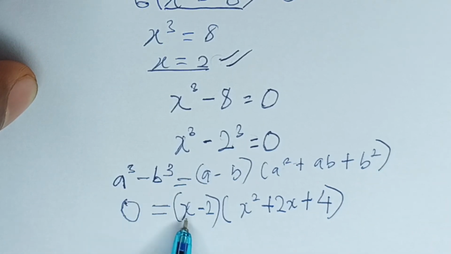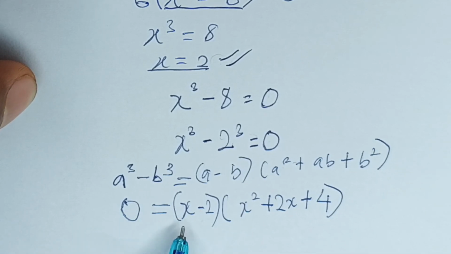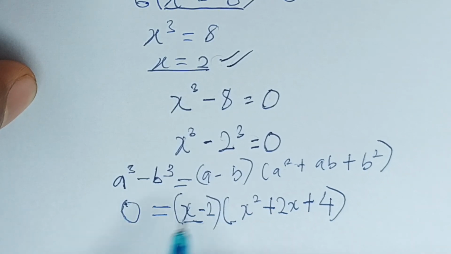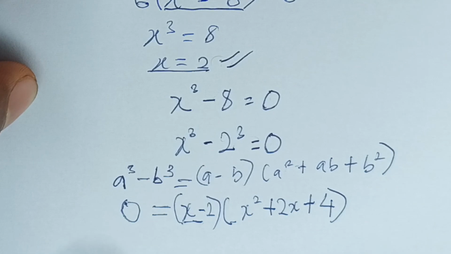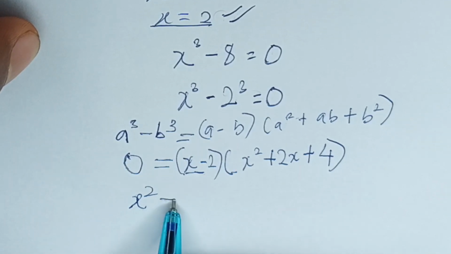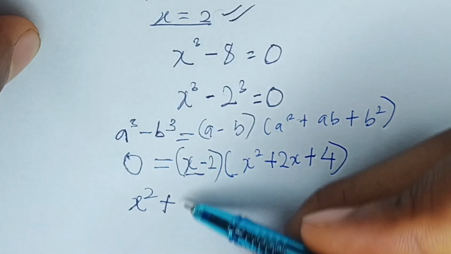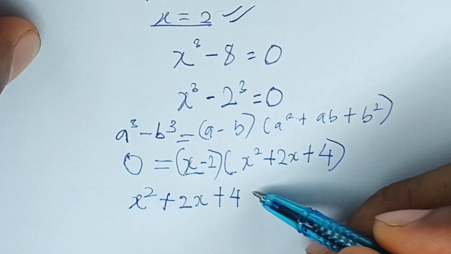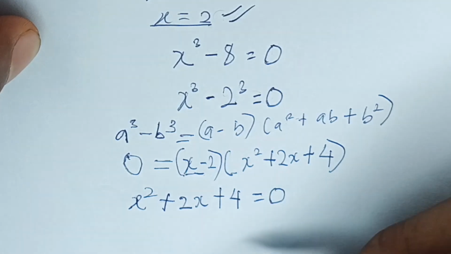From here you can clearly see that this is equal to 0. So you can clearly see that x is equal to 2, because if you equate this to 0, it gives you 2. And remember that when the product of two things is equal to 0, either the first one is equal to 0 or the second one is equal to 0. And so we're going to equate this second expression to 0. So we have x squared plus 2x plus 4 is equal to 0.